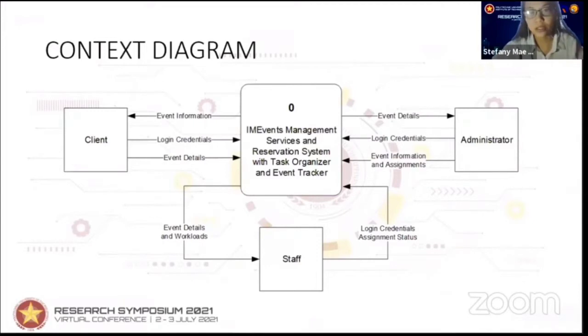Then the system will give the client his or her event information. Then for the administrator, the login credential also will be the input, and the event information and assignments. Kasi sila yung mag-create ng mga program flow once na mayroon ng reservation yung client.